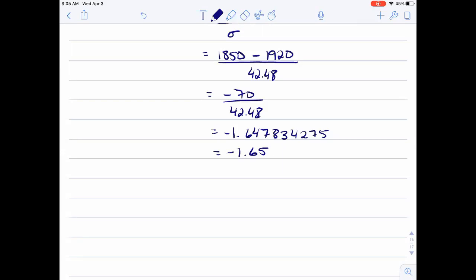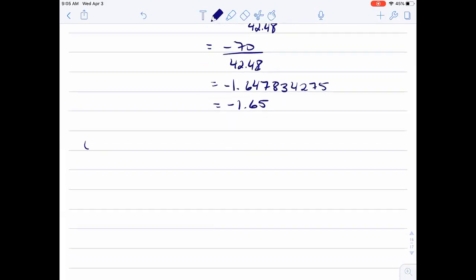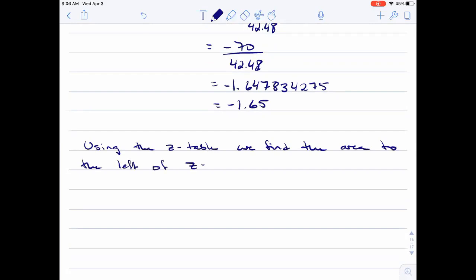And now we can use the Z table. Using the Z table, we find the area to the left of Z equal to negative 1.65 is 0.0495.